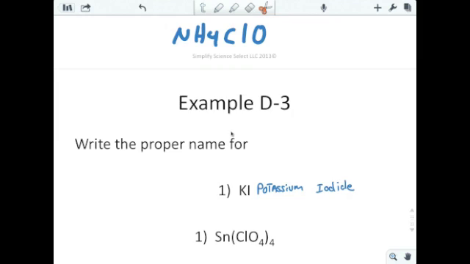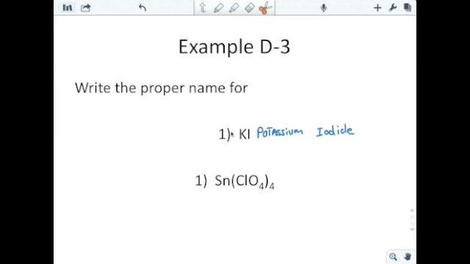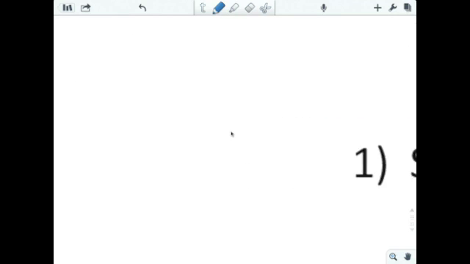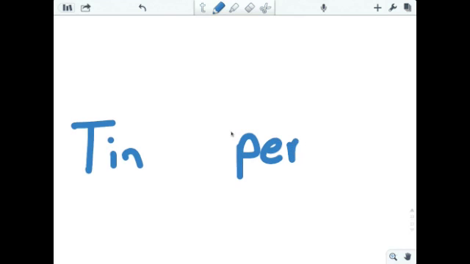And we see on the next one, we have SnClO4. Now, again, we're going to go ahead and name these guys. The first one, Sn, we look on the periodic table, it's tin. Okay, now the ClO4 is a polyatomic ion. That's perchlorate. You can also see it called hyperchlorate, but we're just going to write perchlorate.